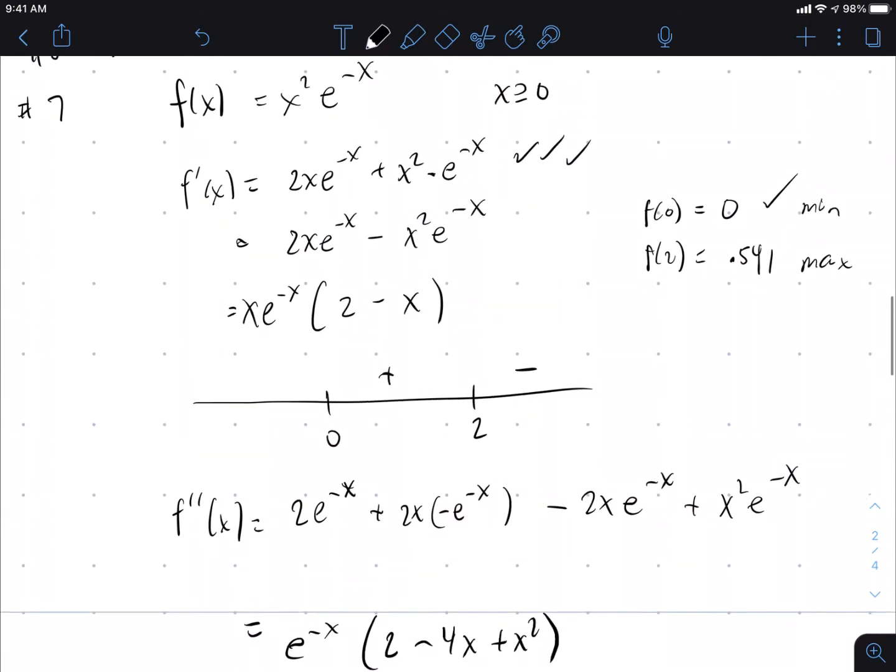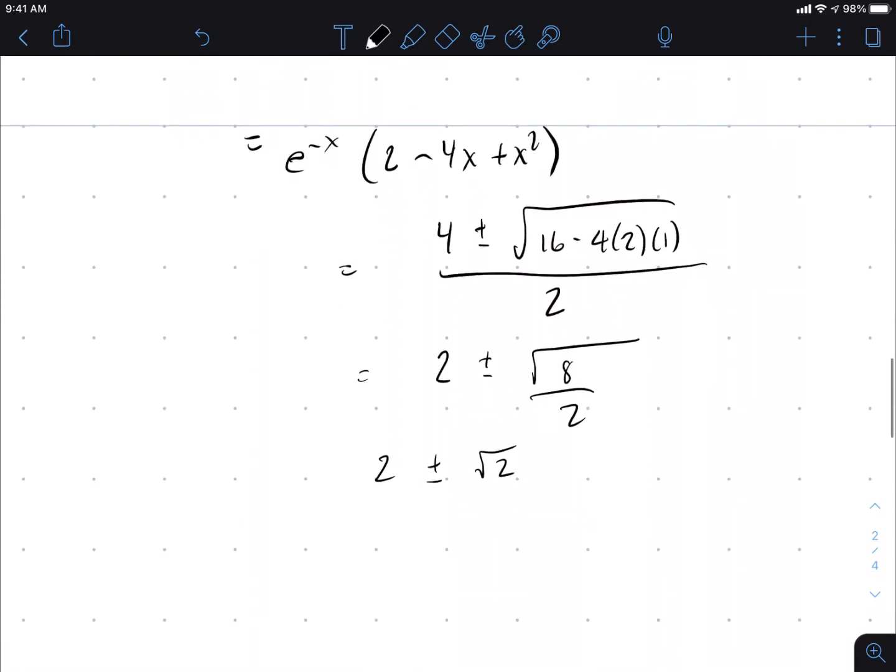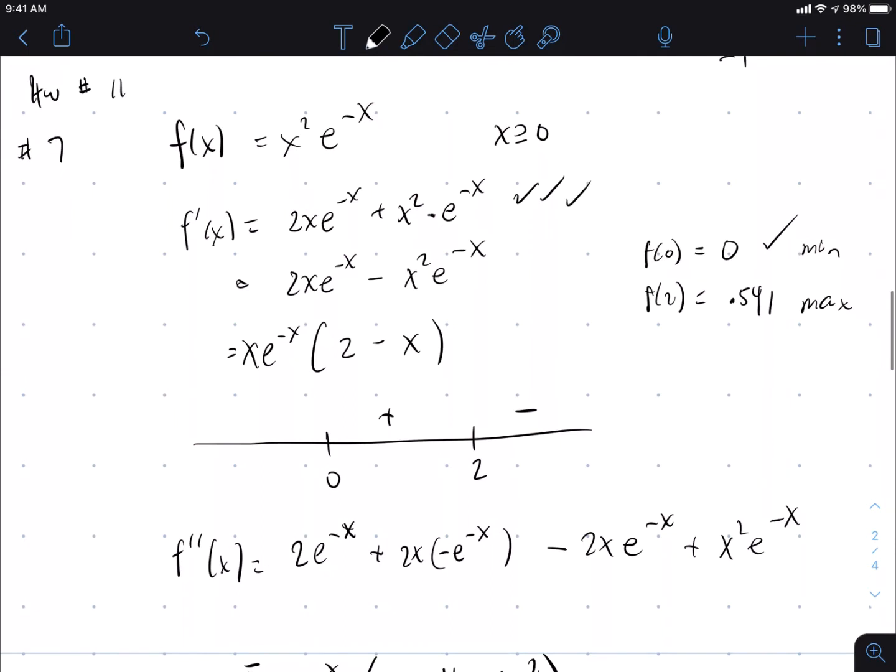So our maximum value occurs at 2. So 2 minus root of 2 is still on the increase. If we go with 2 plus radical 2, that's on the decrease. Does that make sense to everybody?